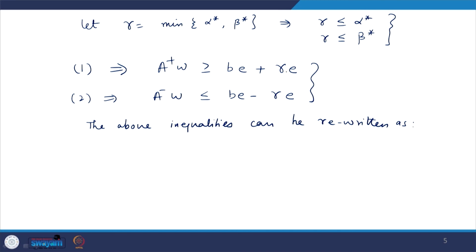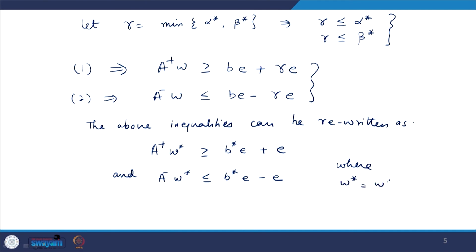Now you can divide by gamma throughout, in both inequalities. So you will obtain A plus W star greater than or equal to B star times E plus E, and A minus W star less than or equal to B star times E minus E, where W star is W upon gamma, and B star is B upon gamma.